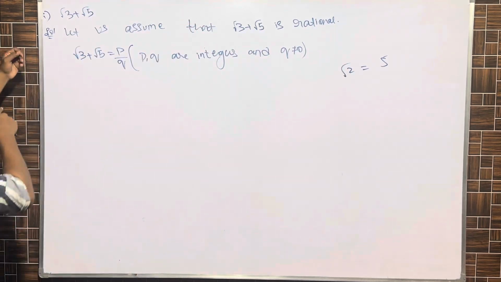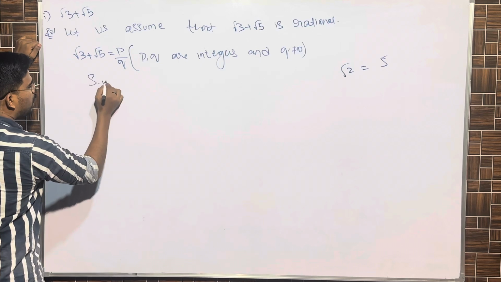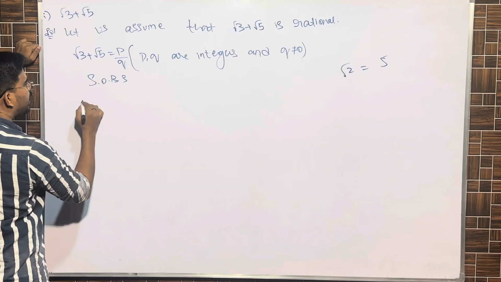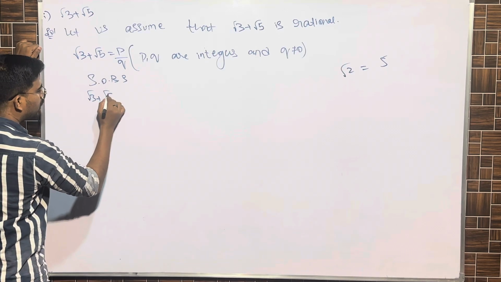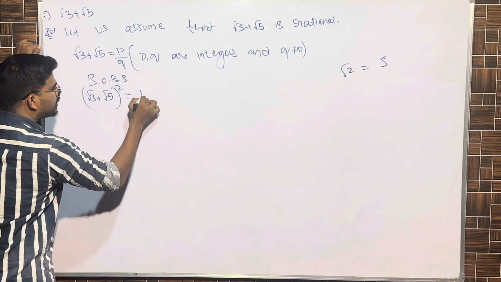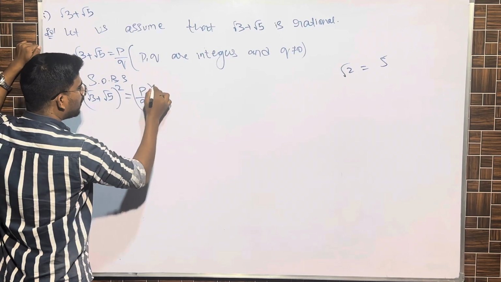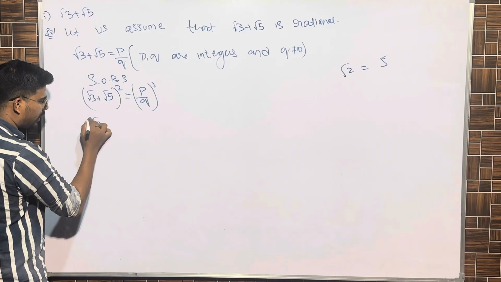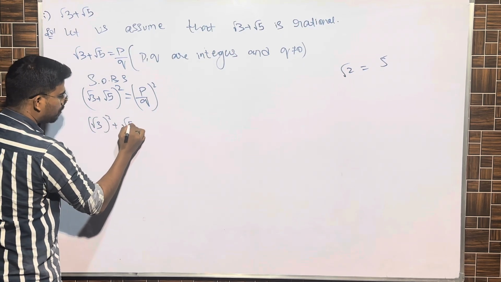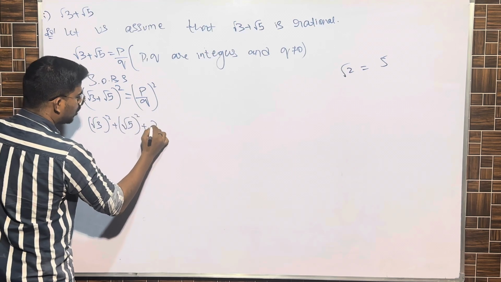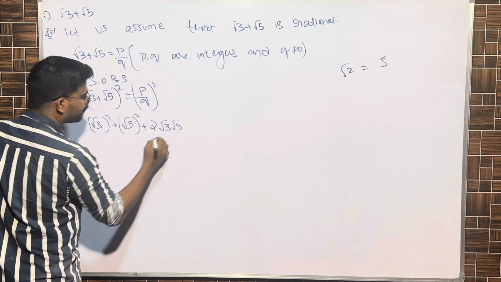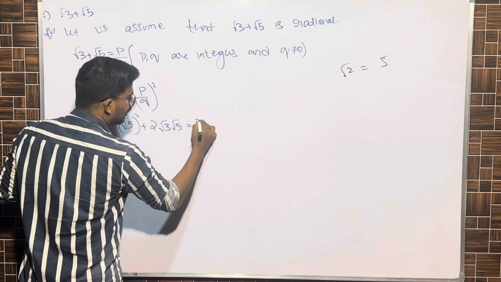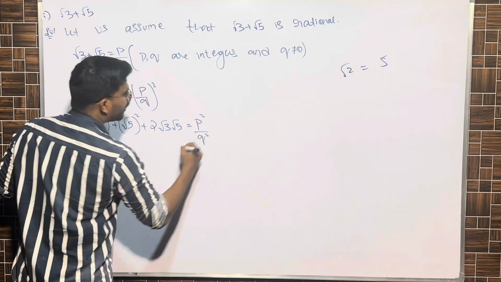Now see, root 3 plus root 5. In order to remove the roots, I already told you we have to do squaring on both sides. Square it on both sides. Root 3 plus root 5 whole square is equal to p by q whole square. Root 3 plus root 5 whole square, a plus b whole square, is a square plus b square plus 2ab, equal to p square by q square.